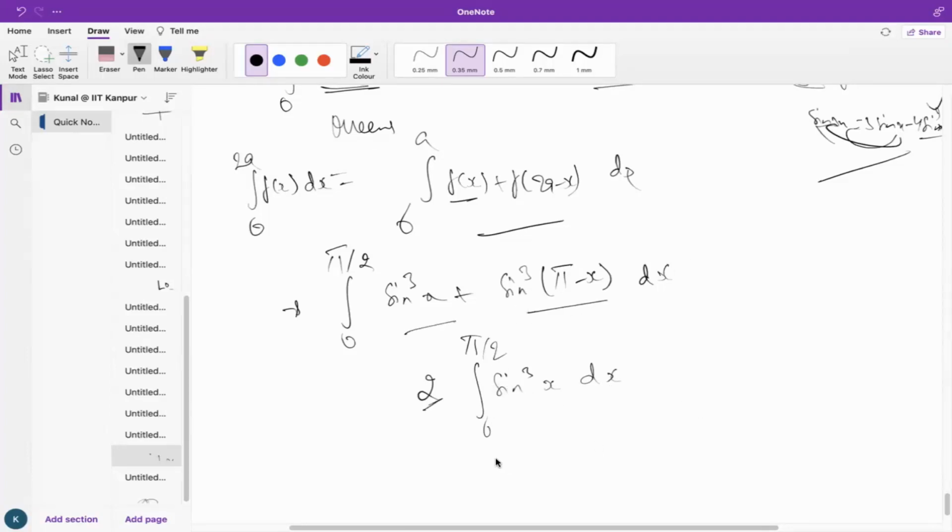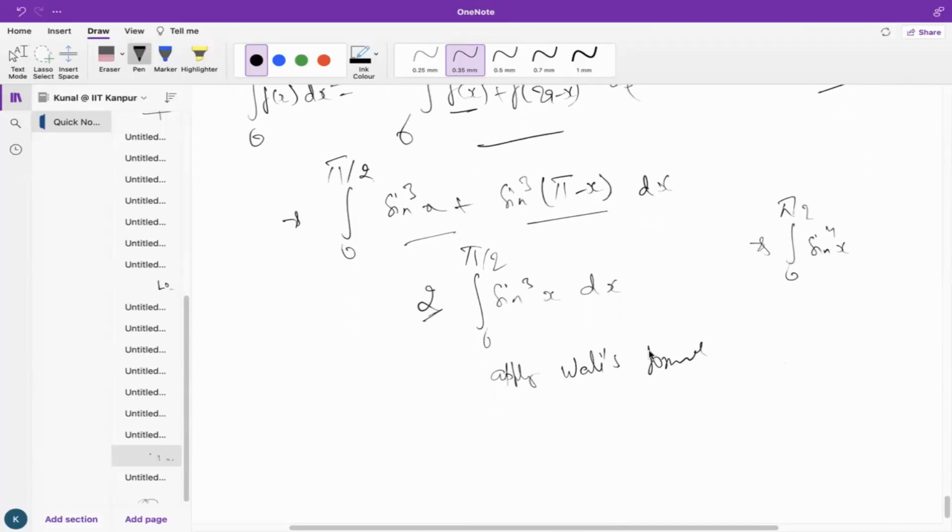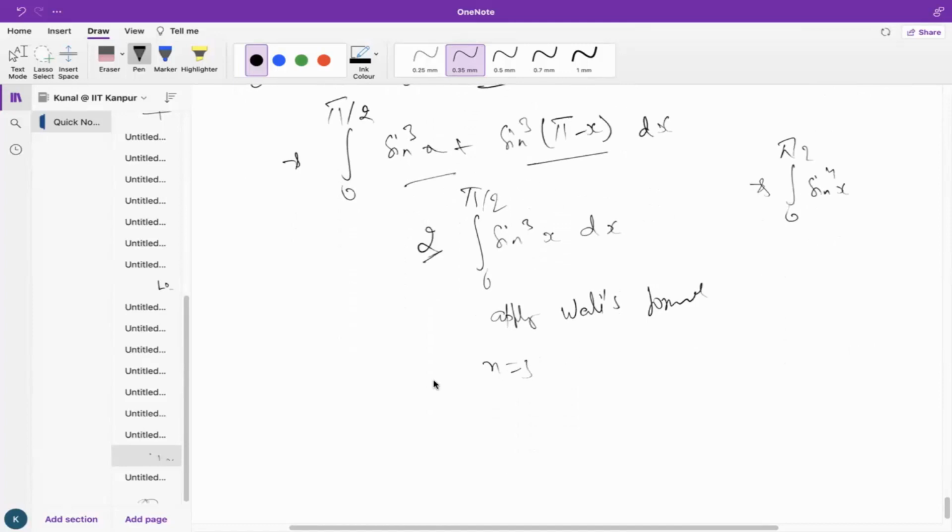Now apply the Wallis formula here. What is the Wallis formula? We have to integrate from 0 to pi by 2 sine to the power n x, and here n is 3. We can apply the reduction formula as well, but Wallis is fair enough. So it will be 2 times the integral from 0 to pi by 2.